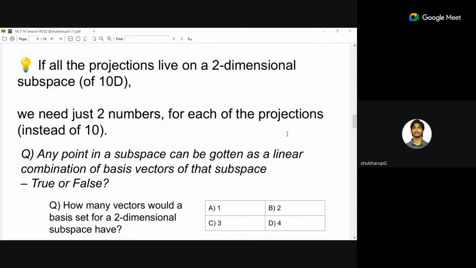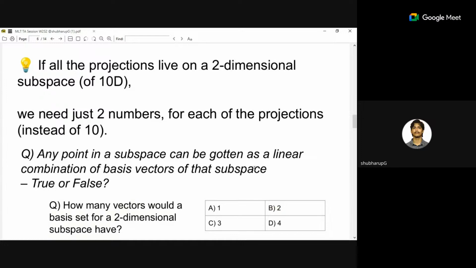The standard choice would be one direction along the x-axis and another along the y-axis, but any two linearly independent directions work. And the next question also ties it up: how many vectors would a basis set for a two-dimensional subspace have? It's two, right?